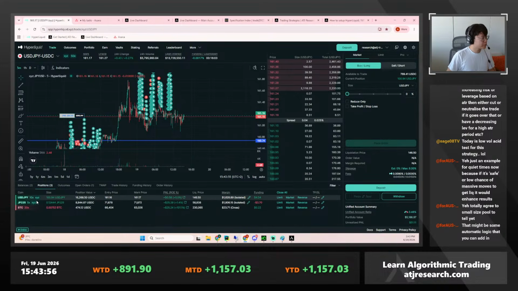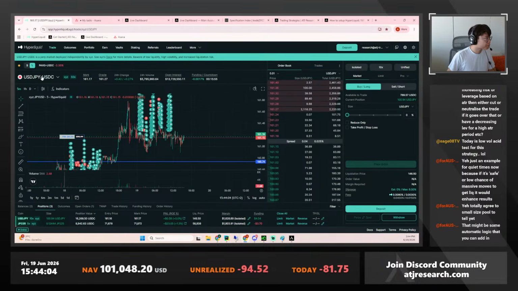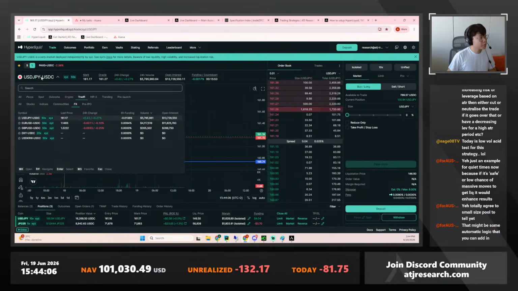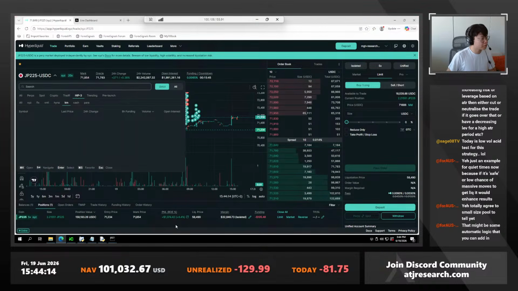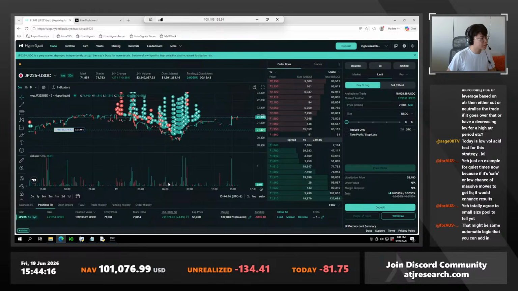So you know what, guys? I'm actually going to close JP225 on this one later. The problem is I can't open any trades, right? Because my margin is locked. I can't open any trades because my margin in JP225 on both accounts is locked because I'm stuck in this trade.